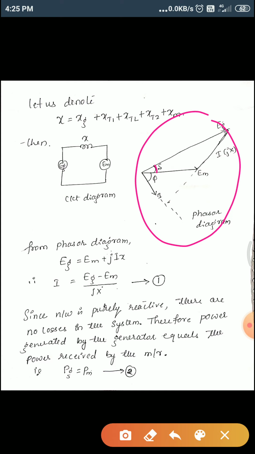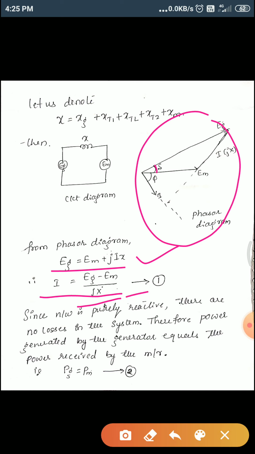From this phasor diagram, by definition, Ez is equal to Em plus jIx. Therefore, I is nothing but Ez minus Em divided by jx. Let's call this equation number 1.